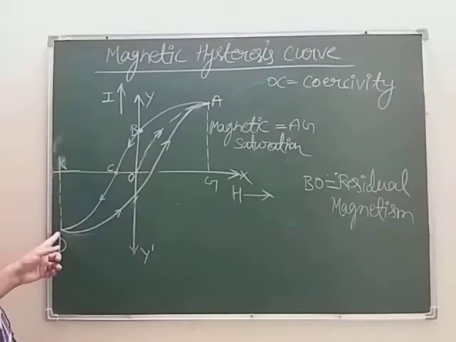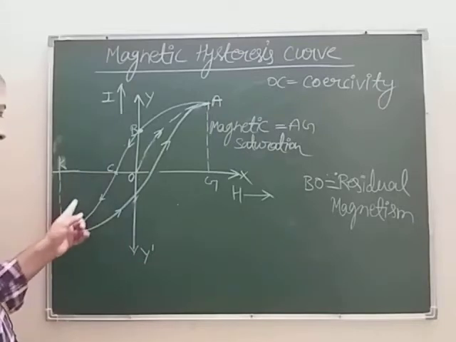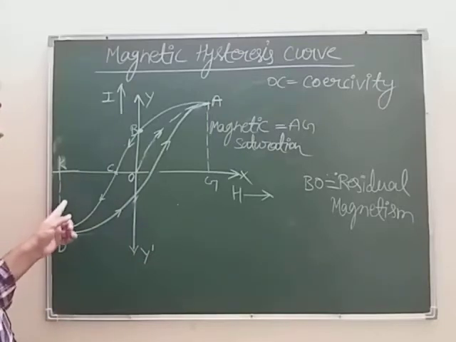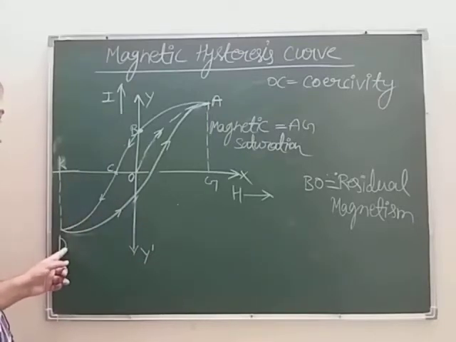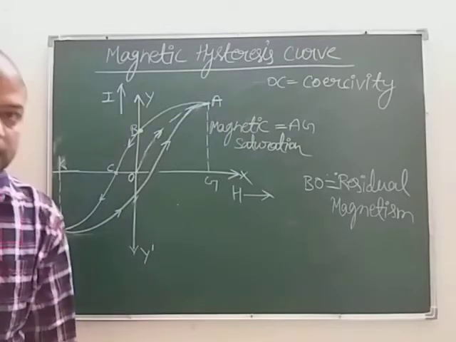After a certain point, it will again be in saturation mode at point D. If after point D I increase the magnetizing field H in the opposite direction, the intensity will not increase. That part is also called magnetic saturation.